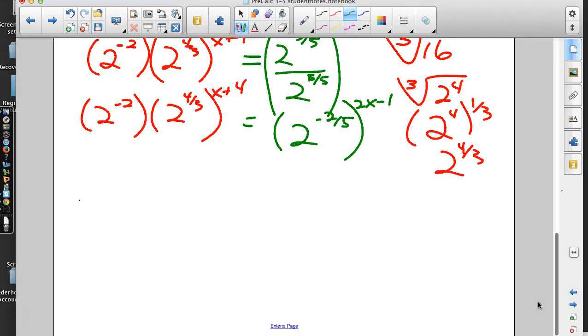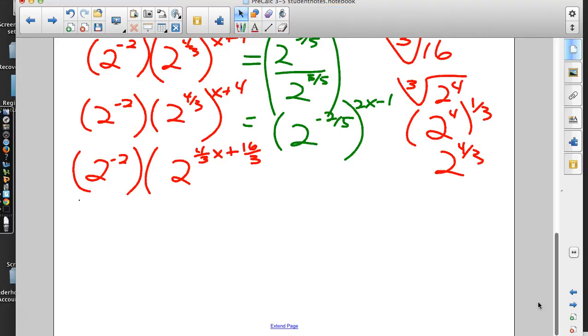Now, we have powers being raised to powers. To simplify those, we need to multiply. So a little 2 to the negative 2, I'll leave sit here for a little bit longer. But now I need to distribute that 4/3 for the x plus 4. So that'll be 2 to the 4/3 x plus 16/3.